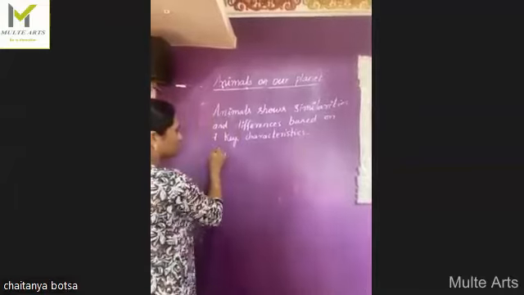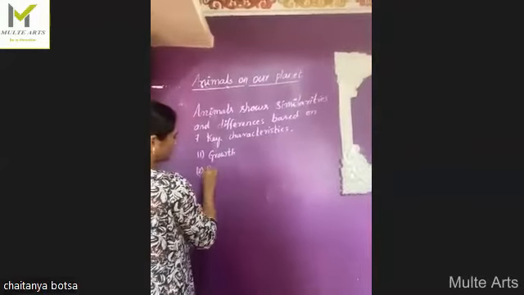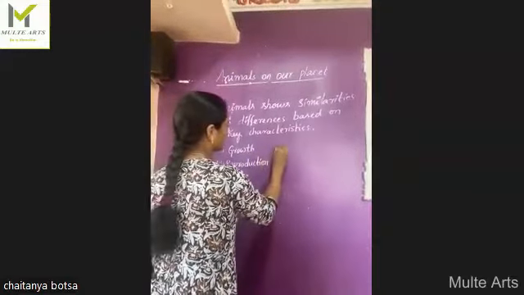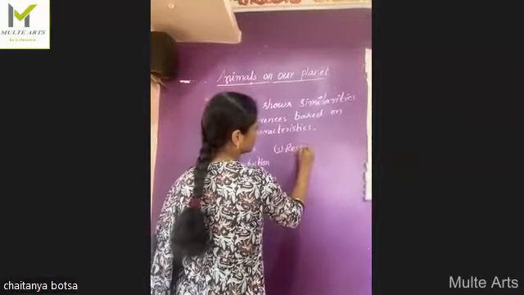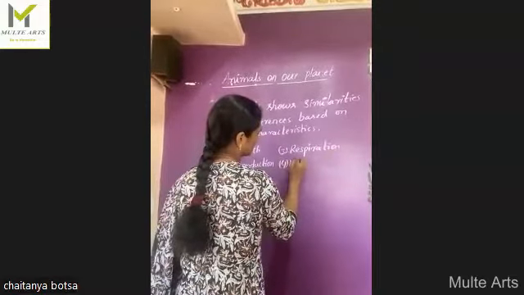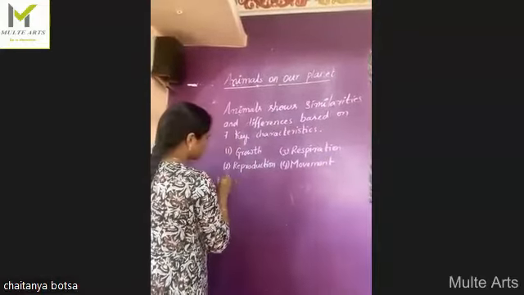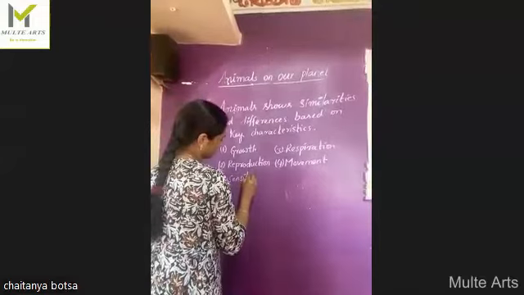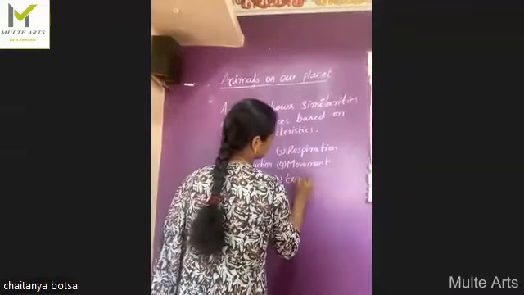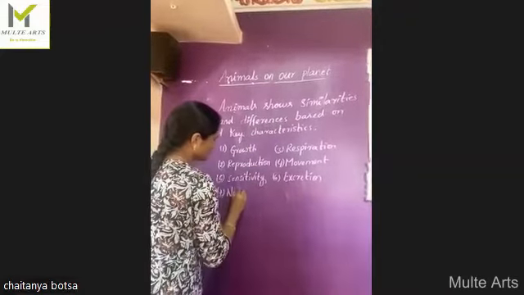The 7 key characteristics are growth, reproduction, respiration, movement, sensitivity, excretion, and nutrition.